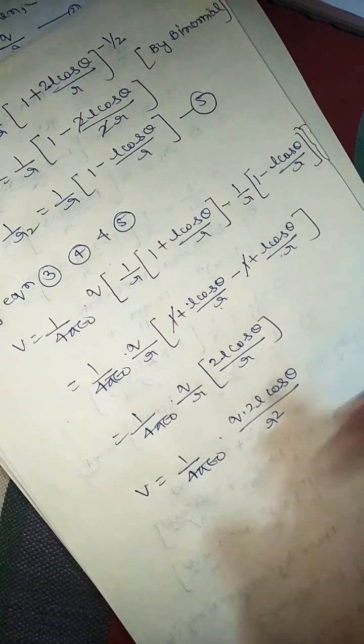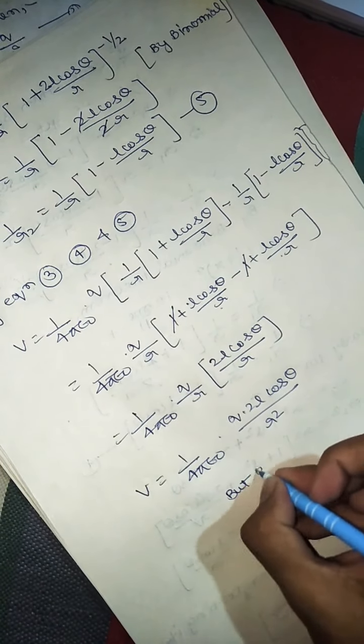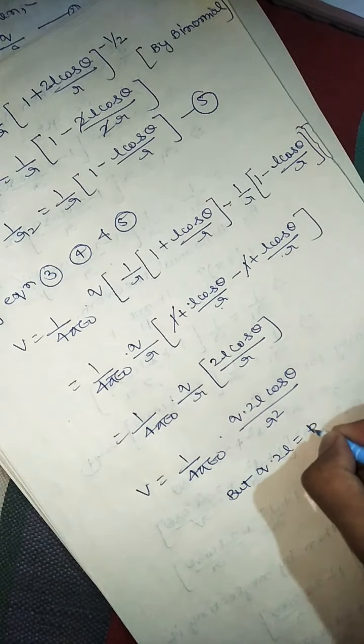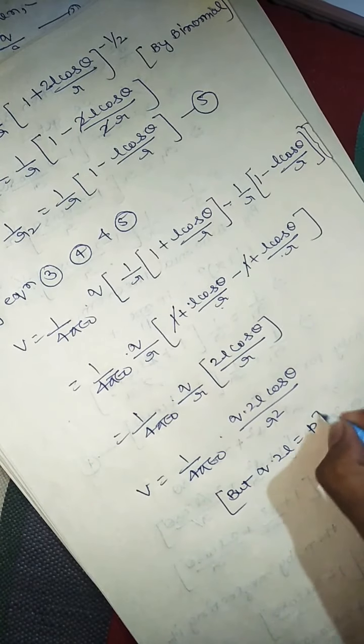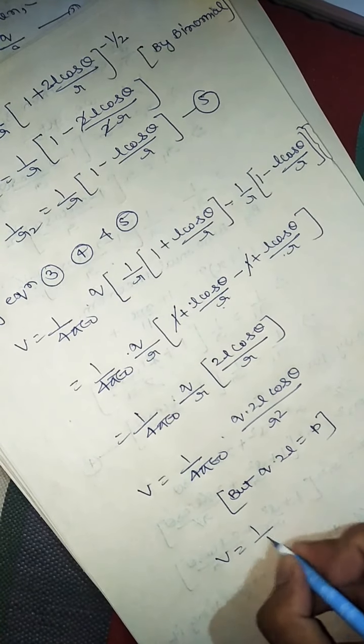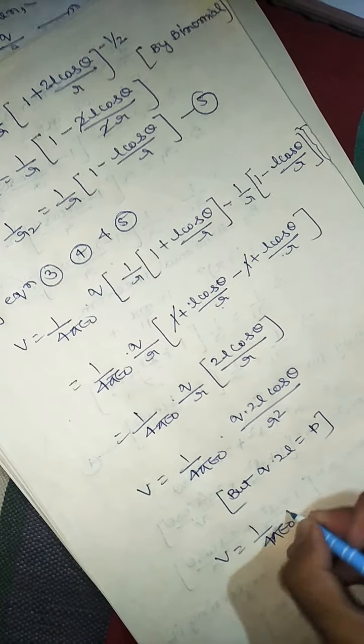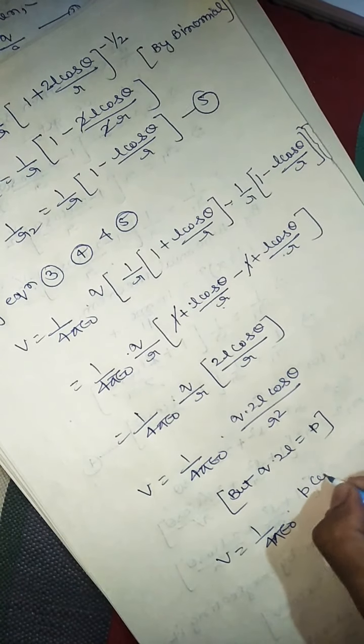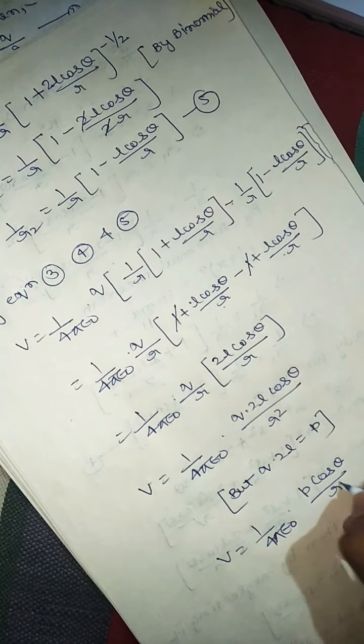But Q dot 2L can be written like p. We have V is equal to 1 upon 4 pi epsilon naught p cos theta upon R square.